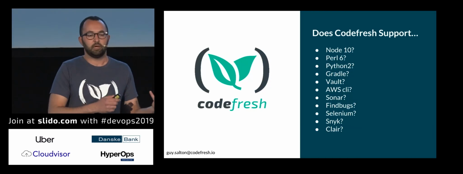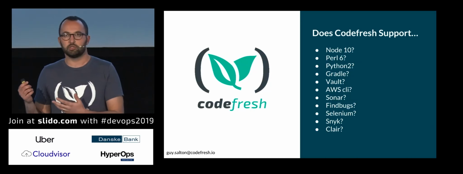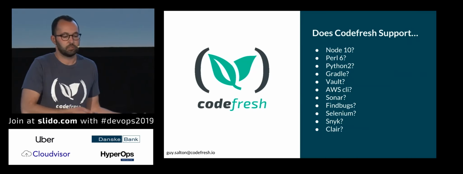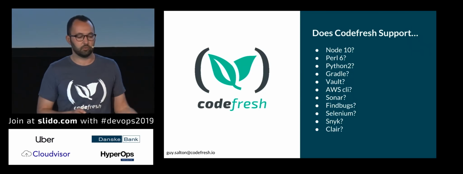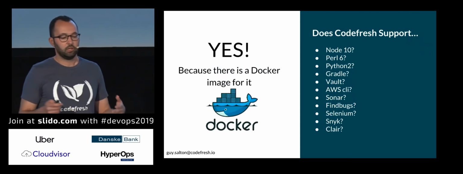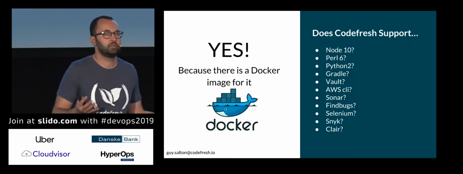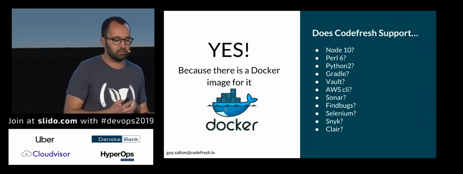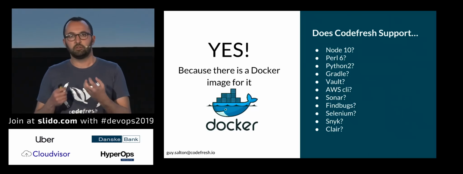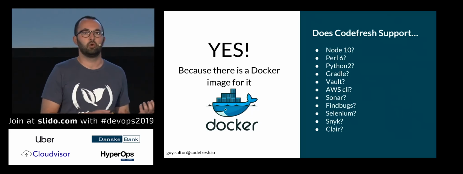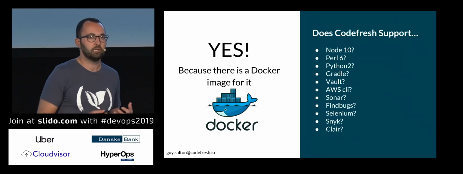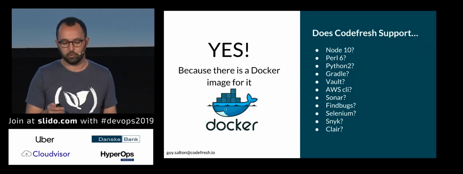And I think that by now you understand that the questions of what tools we support, do we support Node 10 or Python 2, the answer is yes to all of these questions, because every tool that has a Docker image or that can be easily packaged in a Docker image, we automatically support it.